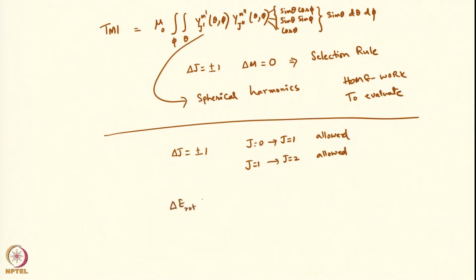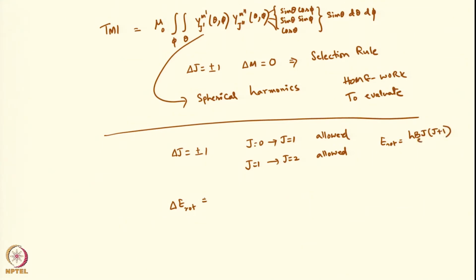And your delta E rotation will be equal to, what was our E rotation? E rotation was nothing but h B j into j plus 1. You can go back and check, or we call it B equilibrium.